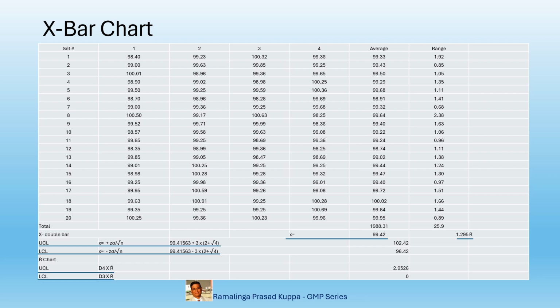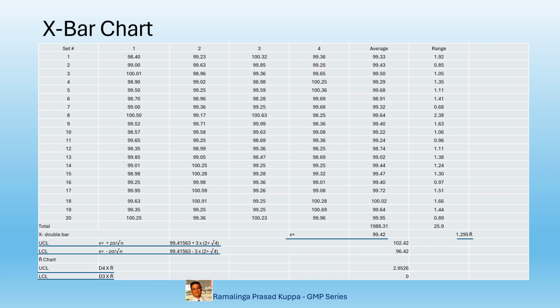The calculations for UCL and LCL are given here. Remember that the factor 2.28 is used for a set of 4 samples for D4. For D3, it is 0 always. These figures are derived from statistical tables from the internet.